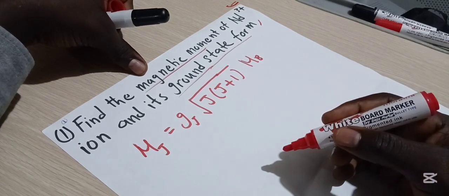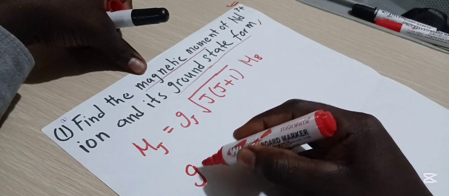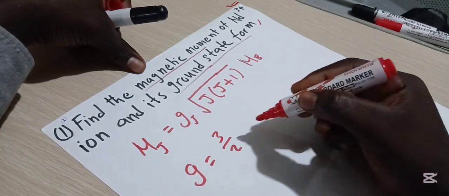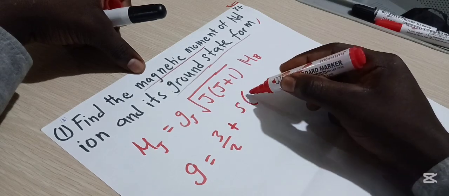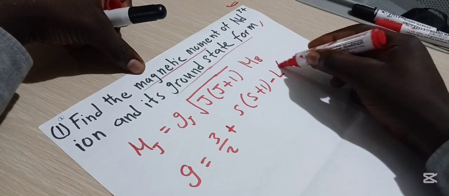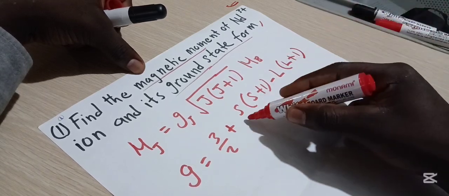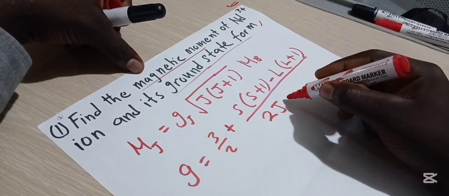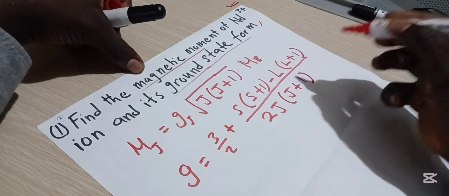And we also need an expression for g, and g is going to give us 3/2 plus [S(S+1) minus L(L+1)] all over 2J(J+1).